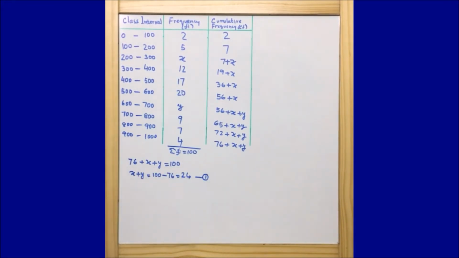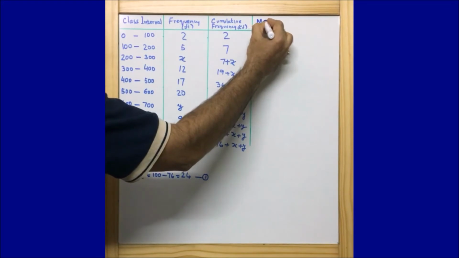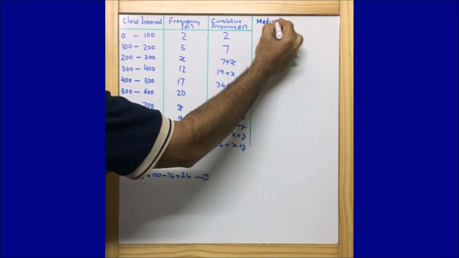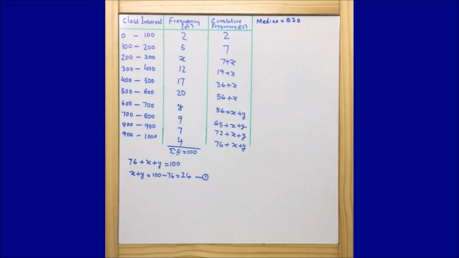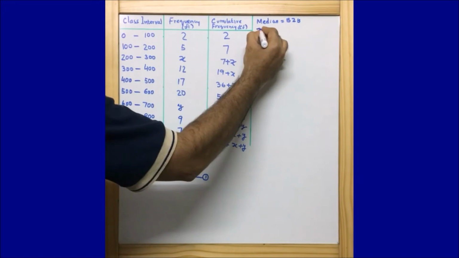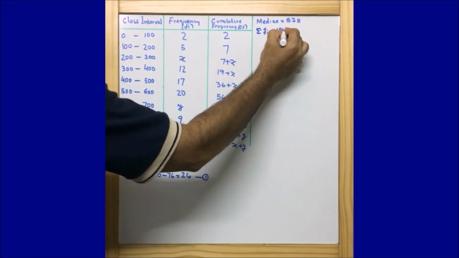Now guys, let's see what else we know. The question has given us the median as 525, and the total frequency, that is summation of fi, is equal to 100.